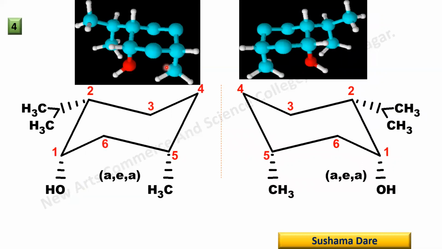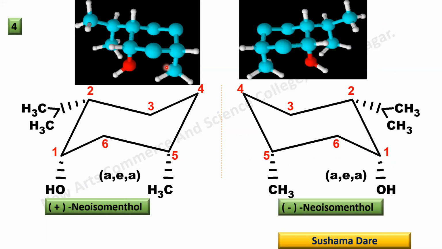This is the last one, that is neo-isomenthol, and this is minus neo-isomenthol. This is dextrorotatory neo-isomenthol. Here, neo stands for the orientation of the hydroxy group being axial. Iso stands for the methyl group being again axial. This is the mirror image of neo-isomenthol.